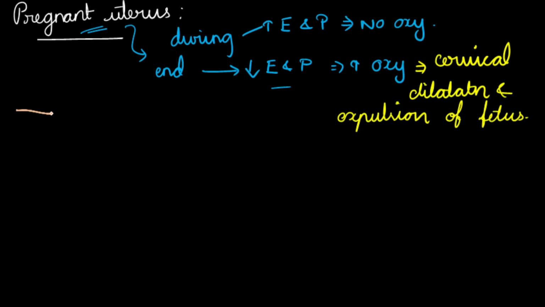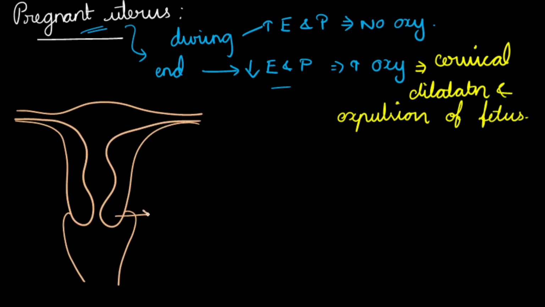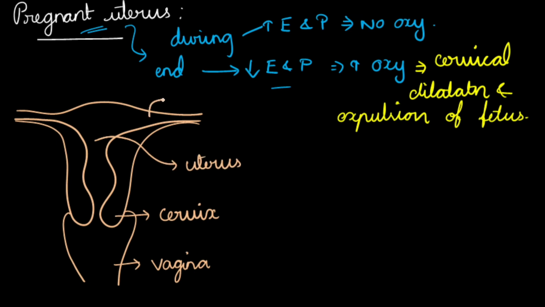Now let's see how the mechanism exactly happens. This is our cervical part, here is the vagina, here is the uterus, and here comes the fallopian tube.